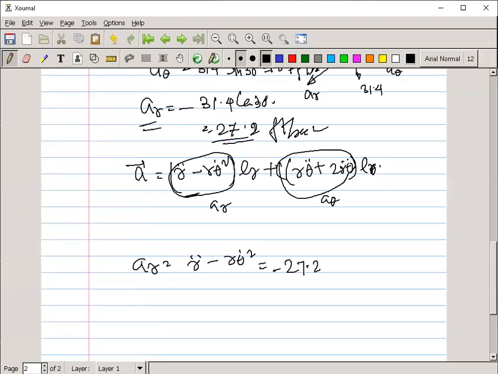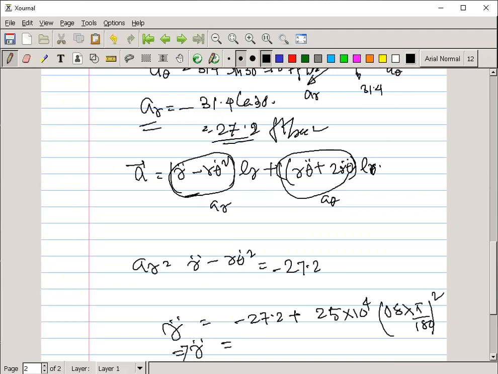So r double dot is equal to minus 27.2 plus r, which is 25 into 10 to the power 4, and theta dot, which is 0.8 into pi by 180, squared. Okay. So this is the value of r double dot, meaning the acceleration of the launcher.